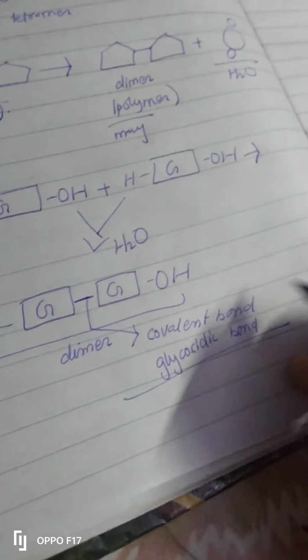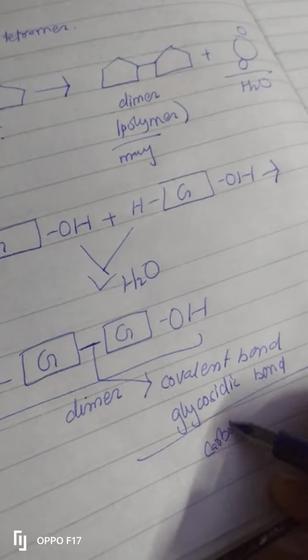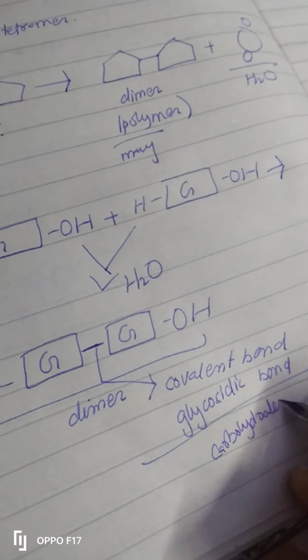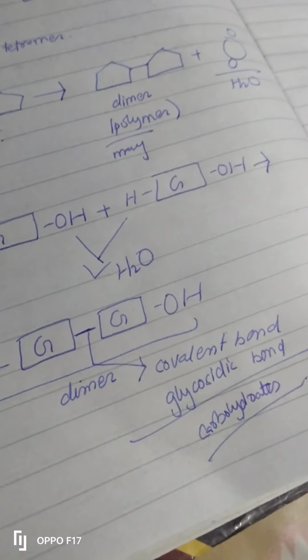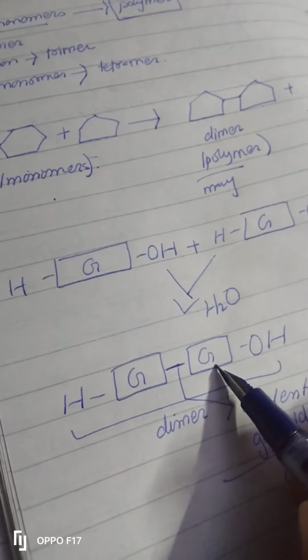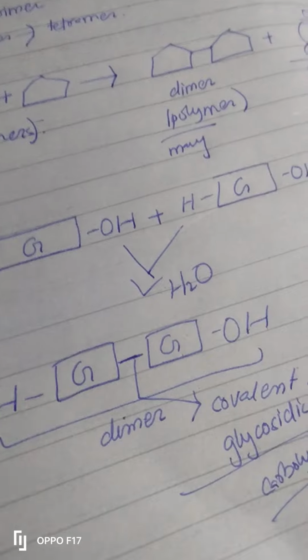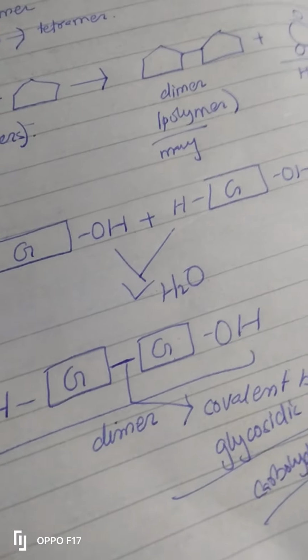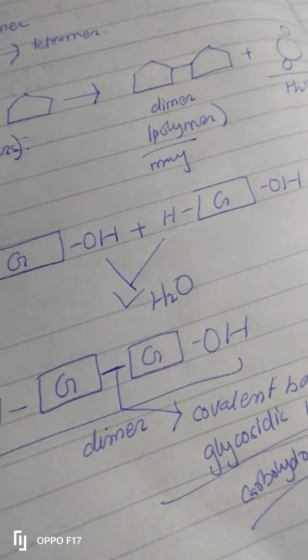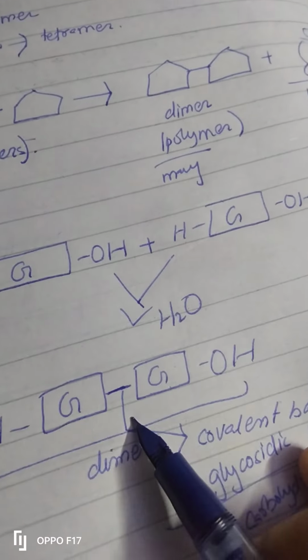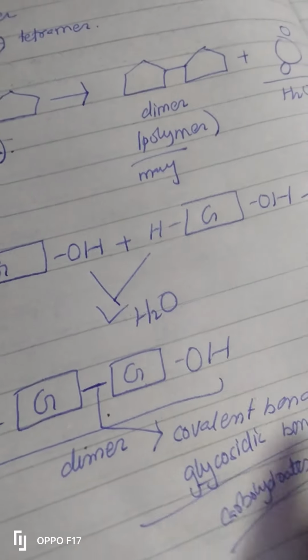The bond between two carbohydrates is known as a glycosidic bond because these are glucose. What is glucose? Glucose is a carbohydrate. So obviously the bond between two carbohydrates is always a glycosidic bond. So there is a covalent bond known as a glycosidic bond.